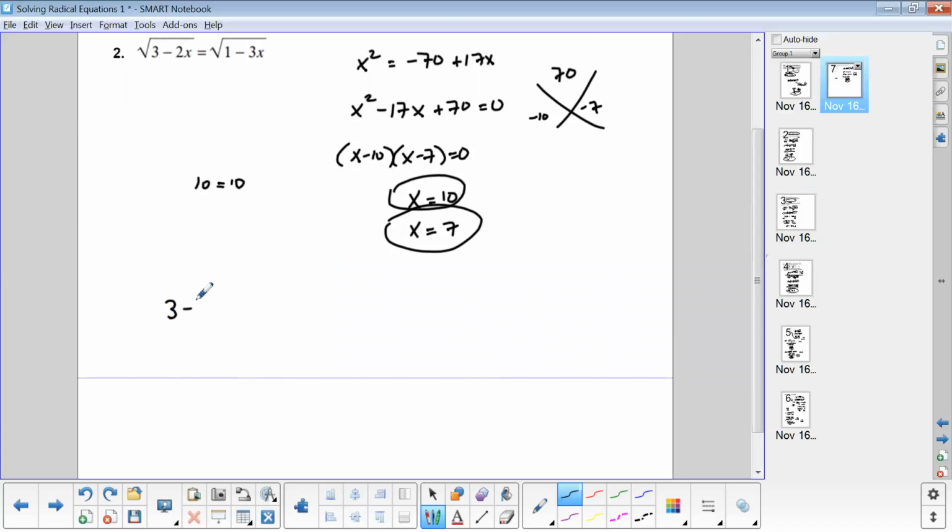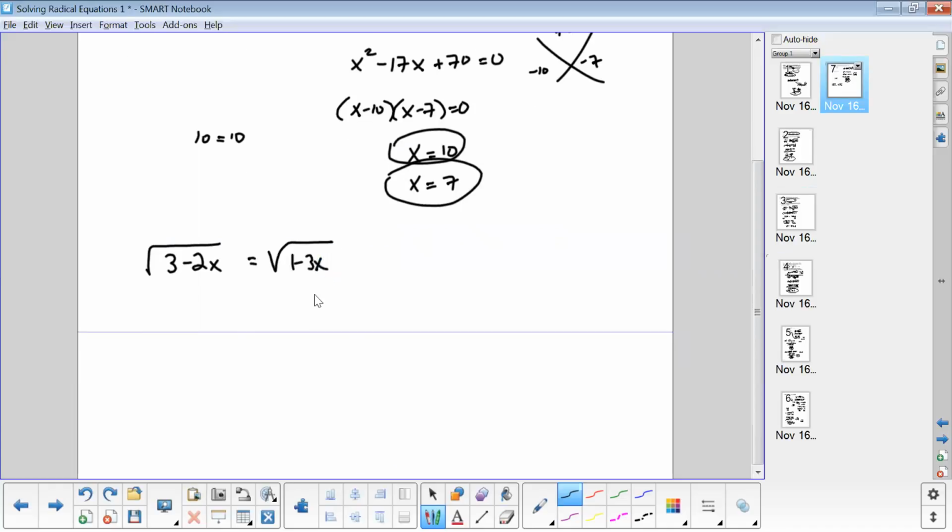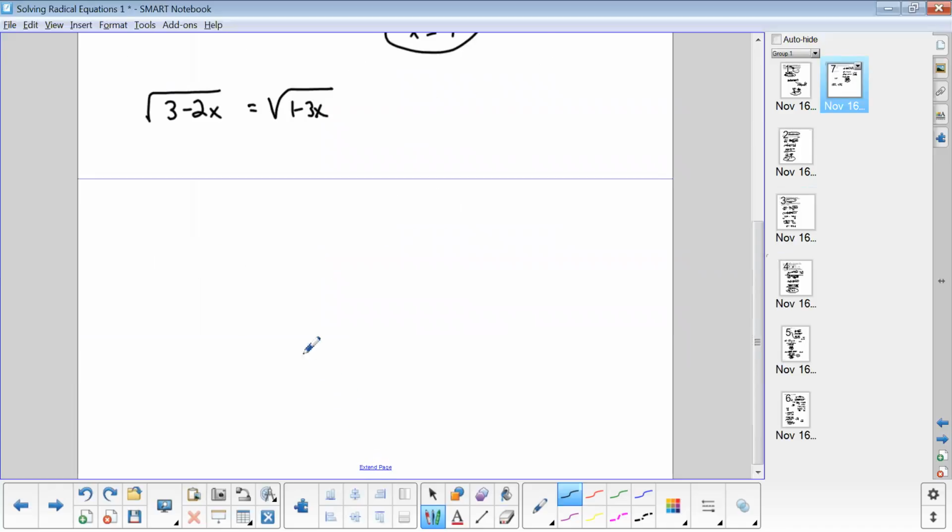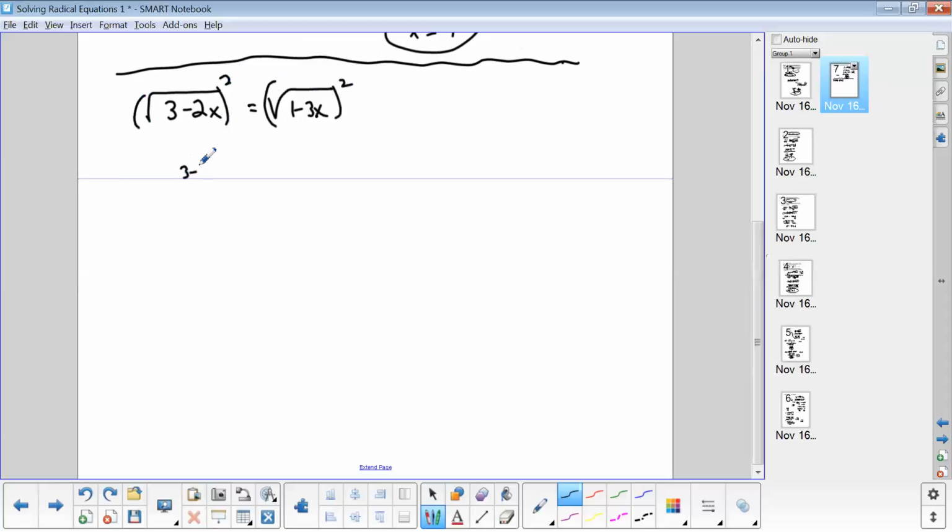Second problem, I get the square root of 3 minus 2x is equal to the square root of 1 minus 3x. I don't have any terms to add or subtract to either side, so we're looking at just a straight square both sides, and I get 3 minus 2x is equal to 1 minus 3x.